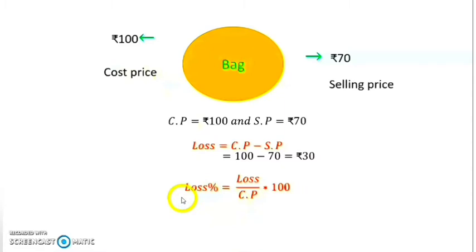So in the profit percentage and even for the loss percentage formula, it will be divided by CP. So in this example, CP is equal to 100 and the loss is equal to 30. So the loss percentage will be 30 upon 100 into 100, which is again 30%.